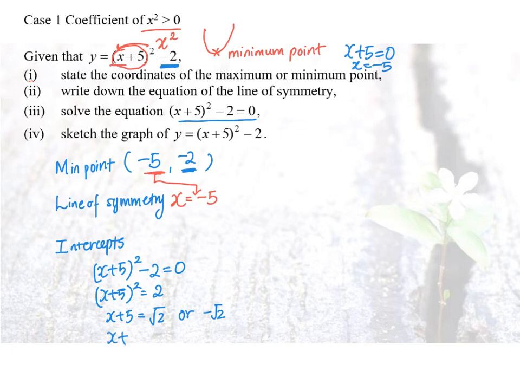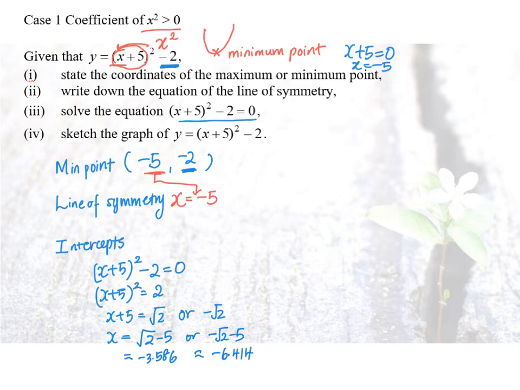So let us find the value for x itself. I'll need to get rid of 5. Then that will be square root 2 minus 5, or negative square root 2 minus 5. Okay, so these are the answers that you get.